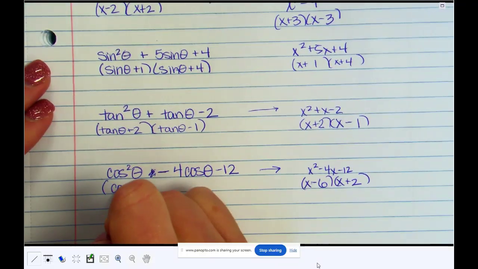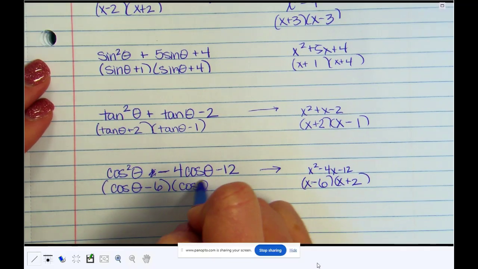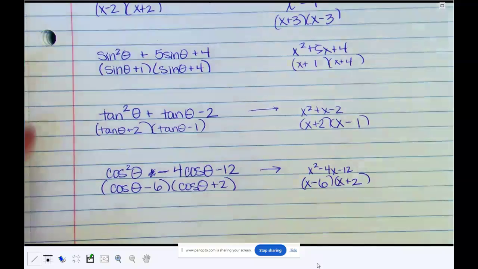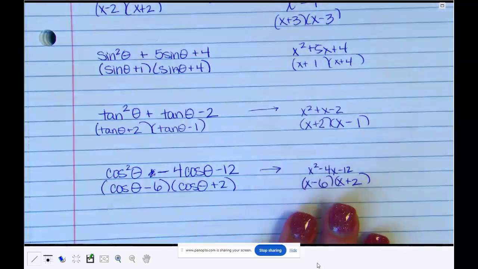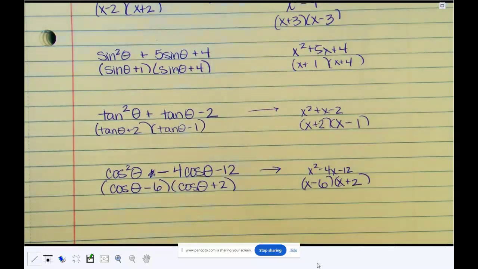So it's cosine theta minus 6 times cosine theta plus 2. Okay, do you have any questions about that so far? Okay, just like factoring regular, except you're not using x's, you're using cosines, sines, tangents, whatever.